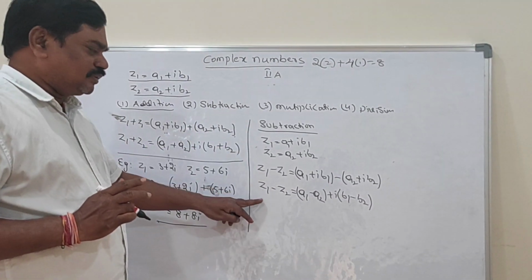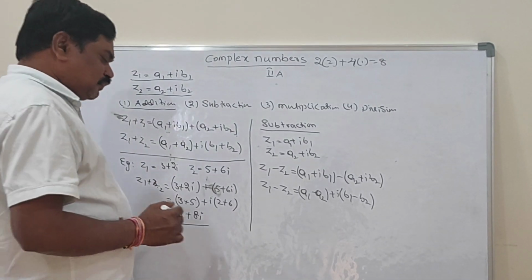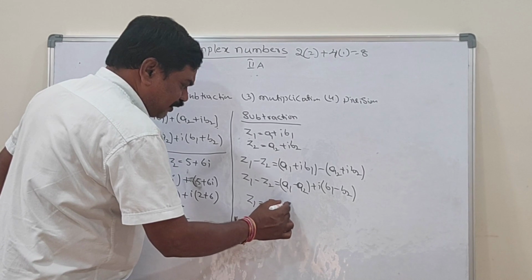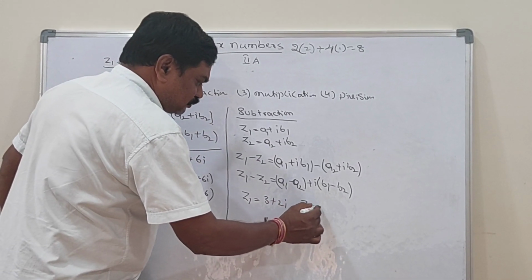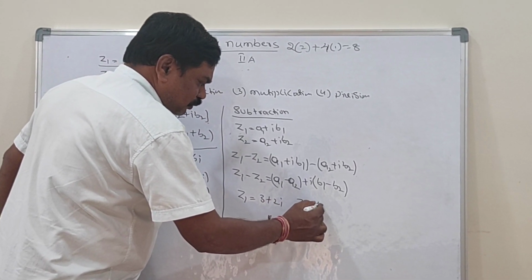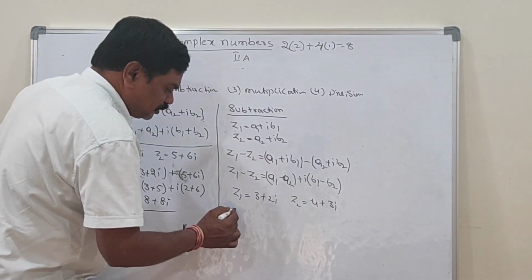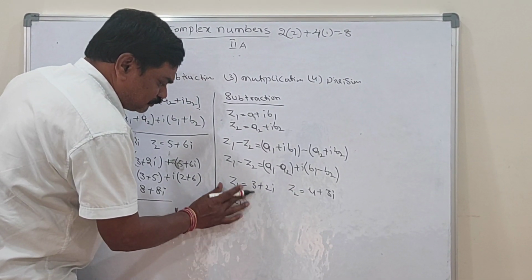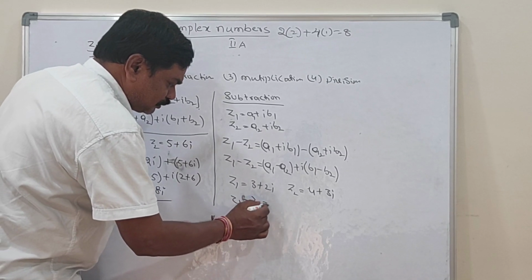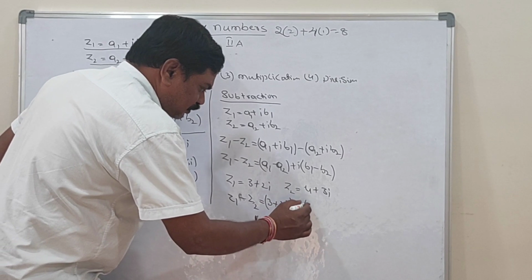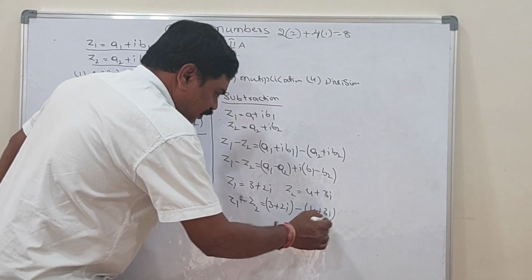Suppose z1 is equal to 3 plus 2i, z2 is equal to 4 plus 3i. Then z1 minus z2 is equal to 3 plus 2i minus of 4 plus 3i.